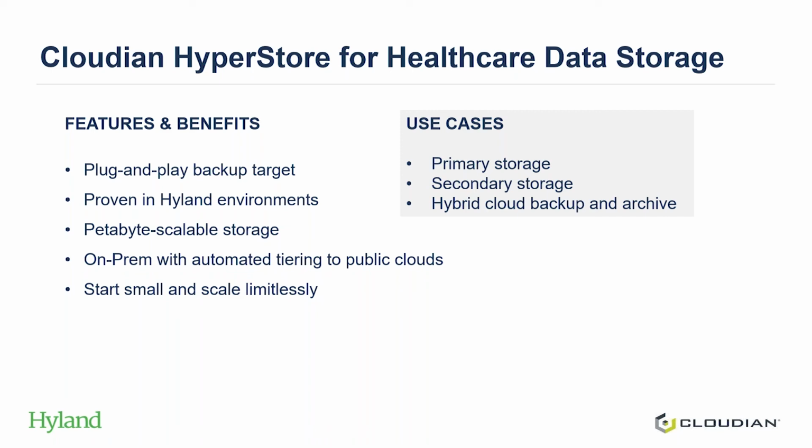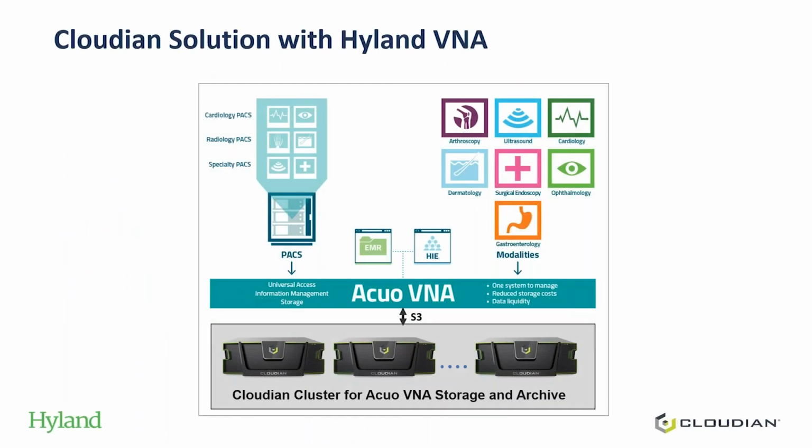So this is primary storage. It can be secondary storage and work with other storage that you have. And there's a hybrid multi-cloud option where needed. So in summary, and Jim, feel free to chime in as well, this is the combined solution here with Hyland VNA connecting with the Cloudian storage.